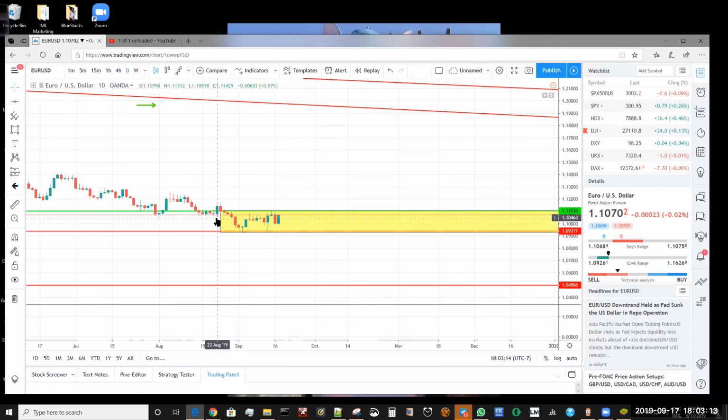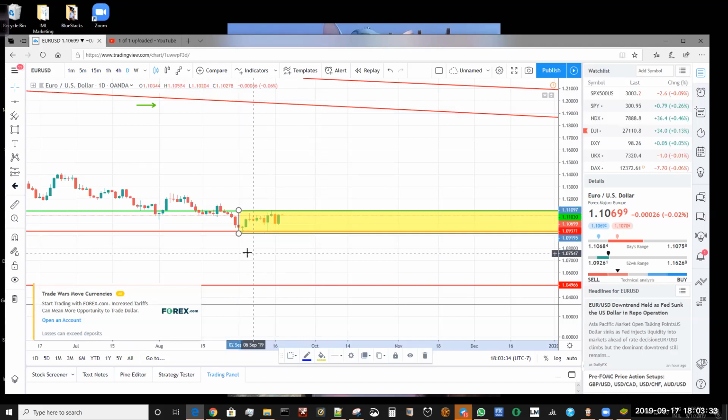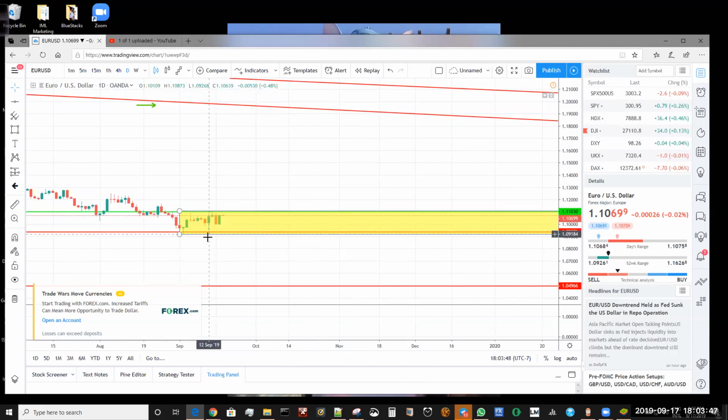Again, we still have our highs and our lows. I need to bring this over here to the second candle. All right, so this is our daily. Now again, you can trade here, you have your high and low prices.